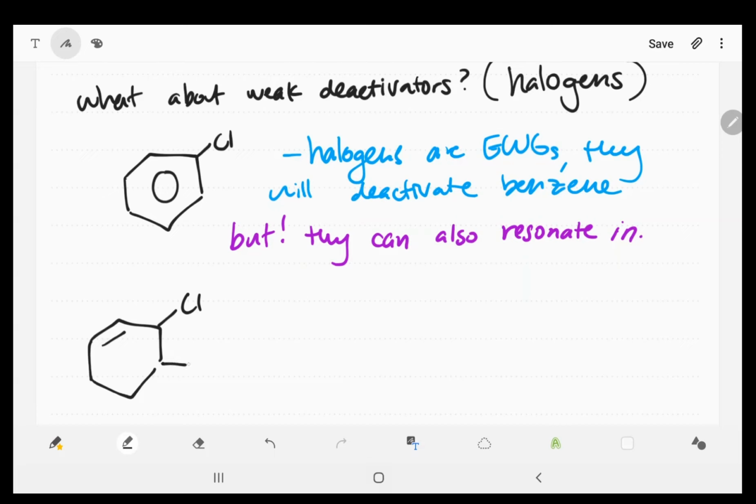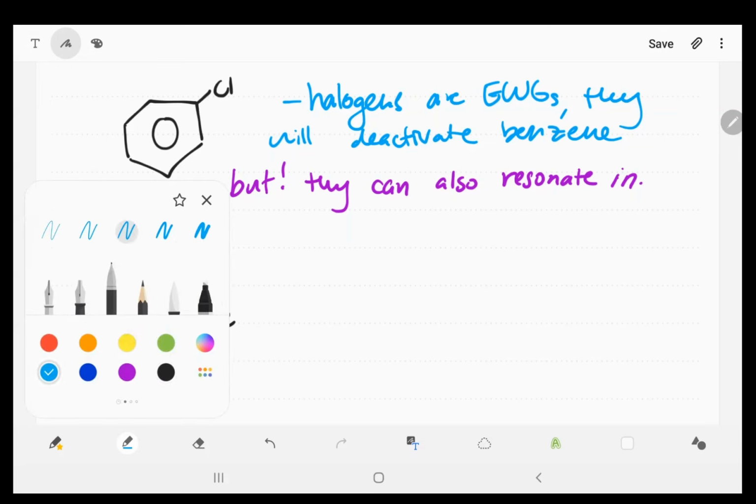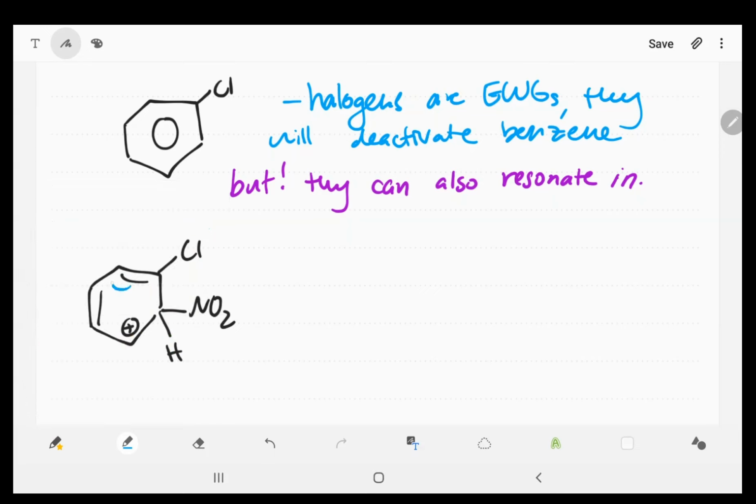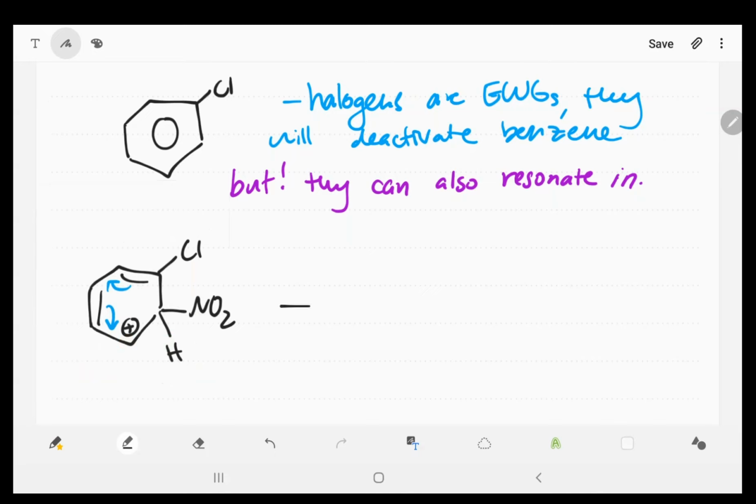what am I doing here? Okay. So if we go ahead and put it on the ortho position, if we resonate stuff around, I'm just going to show the one resonance here. I think you guys are pretty sick of me drawing resonance structures, but we'll do it.